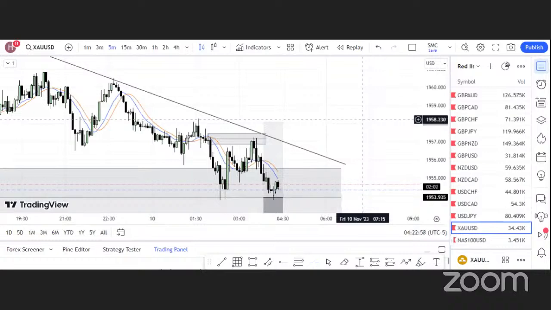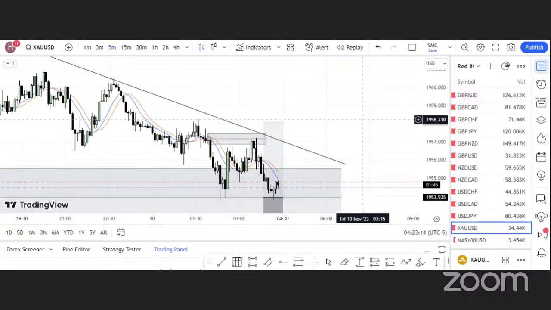I don't want us to take our eyes off it because we are scalping. When you are scalping, if you don't have a stop loss or a take profit, it is very good to keep your eyes on the trade that you've taken.